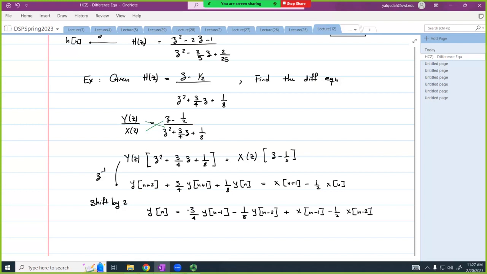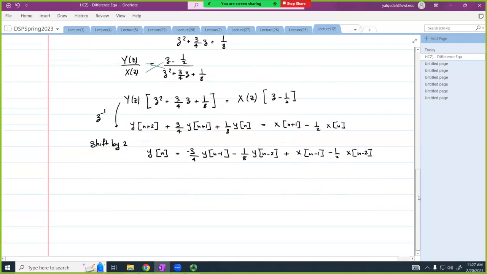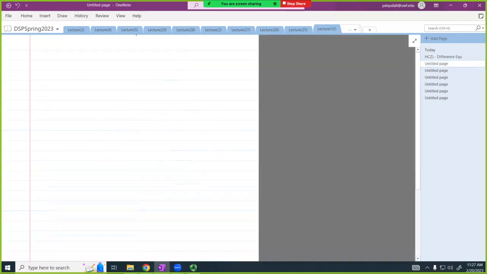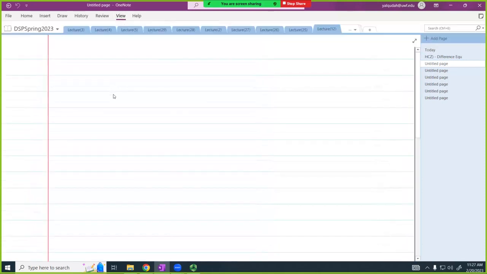So with that, let's go back to the example that we did at the beginning of the class. We have H(z), that was z over z + 1/2. What is the difference equation of this?